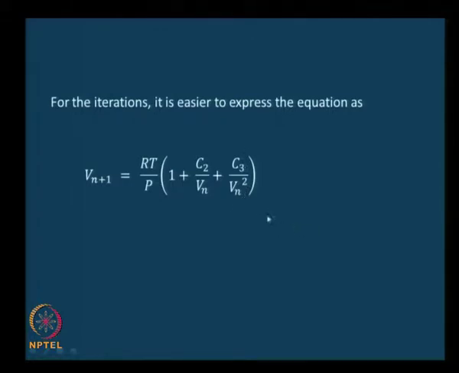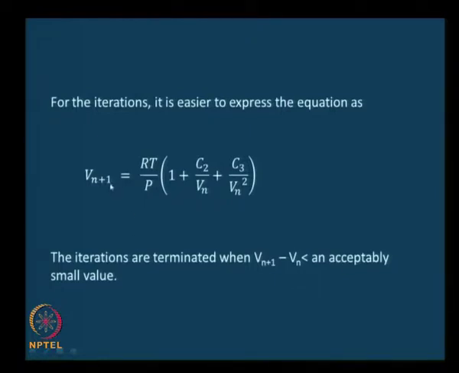If we do this, it gives us a nice way of looking at the iterations, as well as to write a program to let a computing device do the iterations for us. We do not have to do it manually, and the iterations can be terminated when the difference between V n plus 1 and the guessed value Vn is less than an acceptably small value, maybe about 1% or 2% of the actual value.